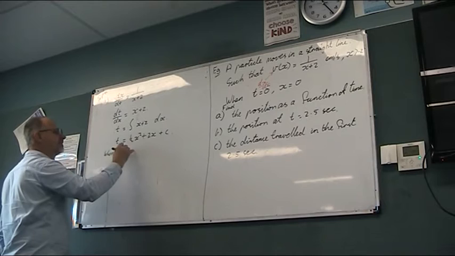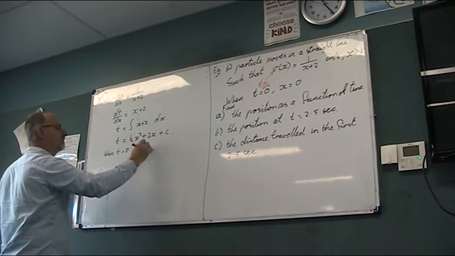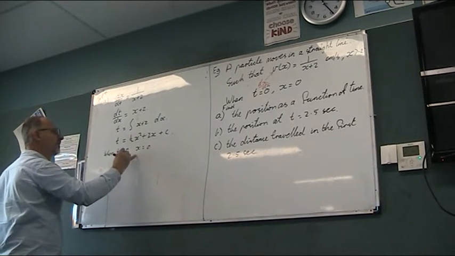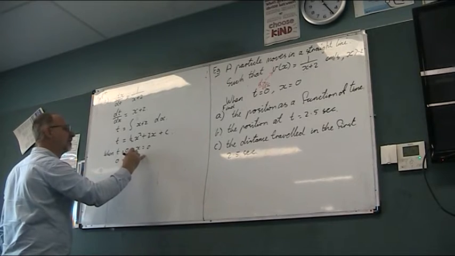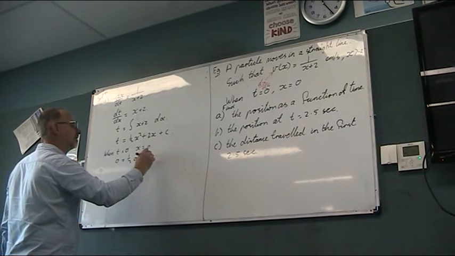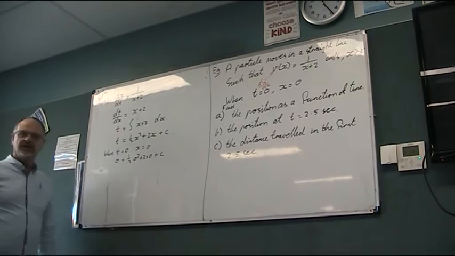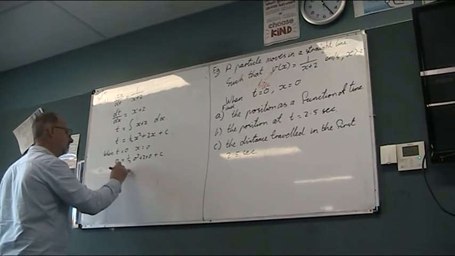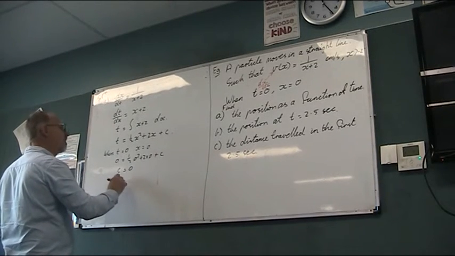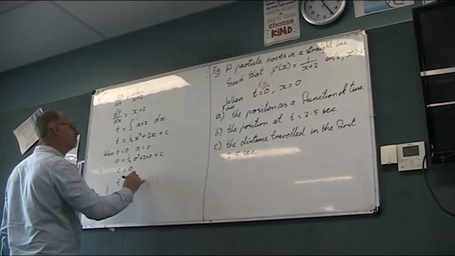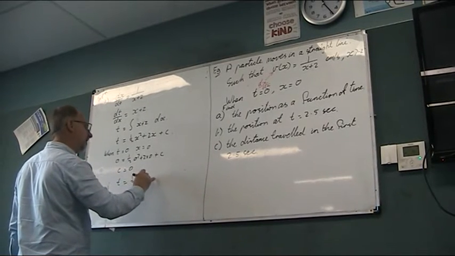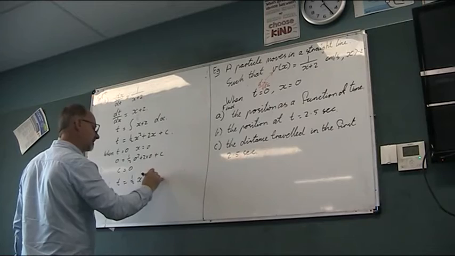So when t equals 0, x equals 0, so if we substitute all of that in, our constant is 0. So we have time equals a half x squared plus 2x.